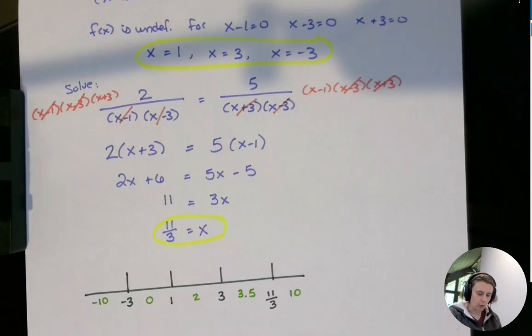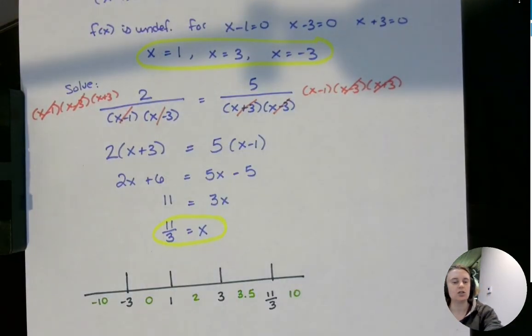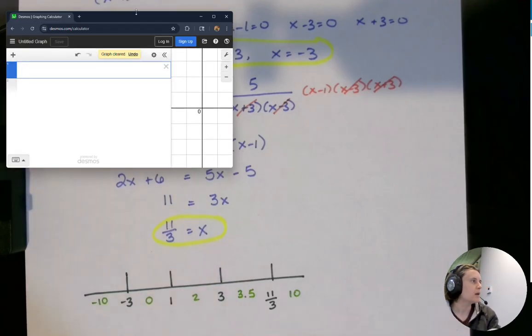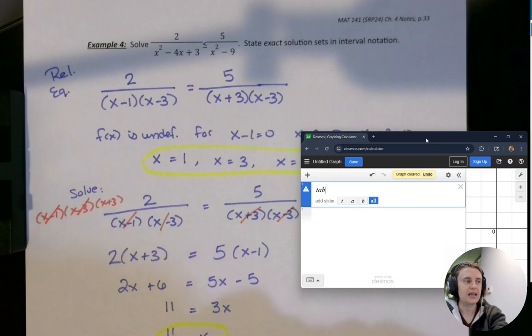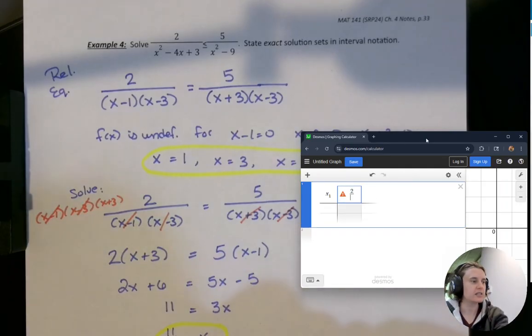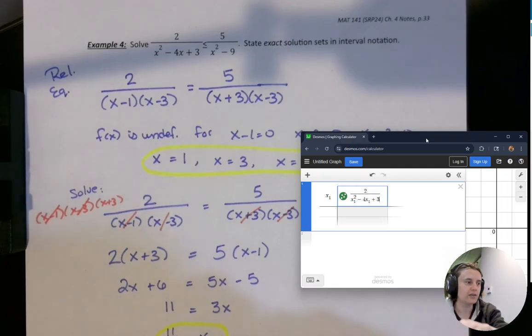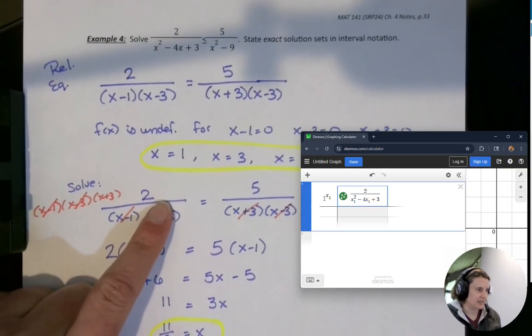I prefer, when I'm plugging this into the calculator, to use the original in my table and to compare left side and right side. So let's clear this up. I'm going to scooch it over here and make myself a table. And then I can enter the first side as 2 over the x1 value squared minus 4 times the x1 value plus 3. I just need to enter x as x1 because I'm going to be plugging the numbers into x1 for the input.